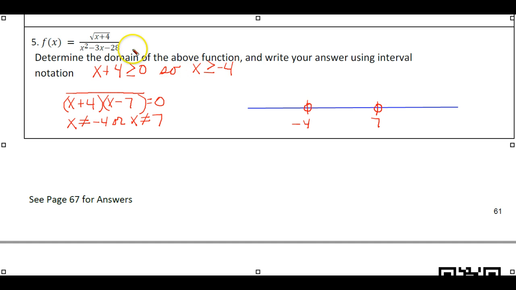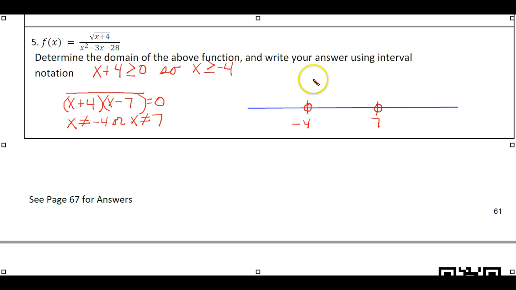Now we also know, due to the top, that x has to be greater than or equal to -4. Well, we've excluded it to be equal to -4 because of this. So to start to graph that, it can't be any of these down here. That would make this an imaginary number or not defined. So those are excluded from the domain.